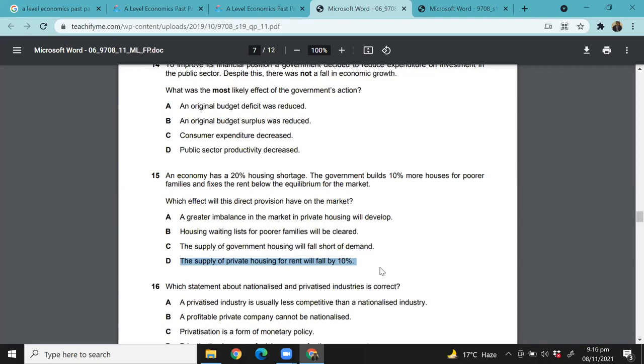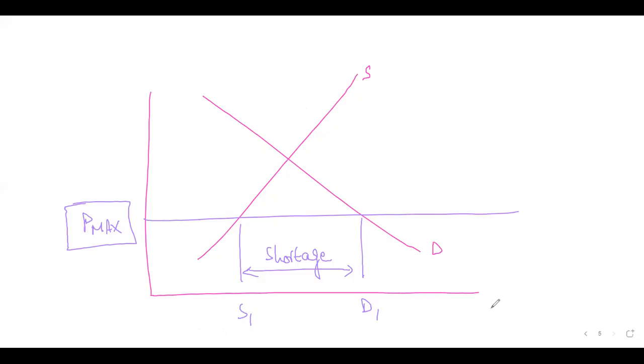If this is the market for rent and the government has set a maximum price, we do know that there will be a shortage, a difference between demand and supply, but it is not as if the supply would fall even further, right?